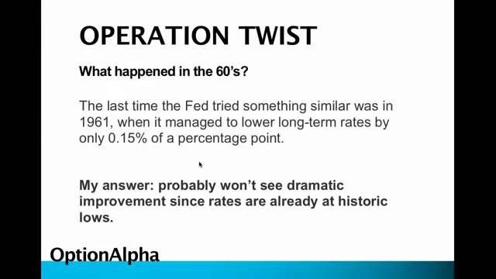My personal belief, and my answer to the question of whether it's going to be successful, is that we probably won't see a dramatic impact on or improvement in the economy, because rates are already at historic lows. Now, this would be completely different if rates were at 8, 9, 10%, but they're not. They're at 0, 1, 2, and 3.